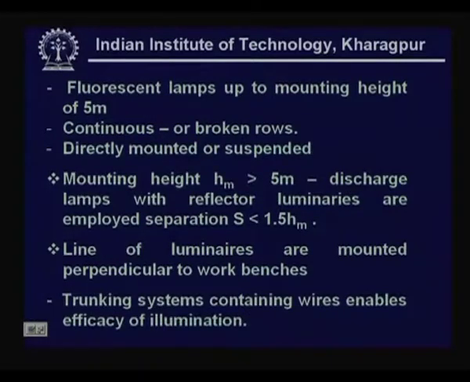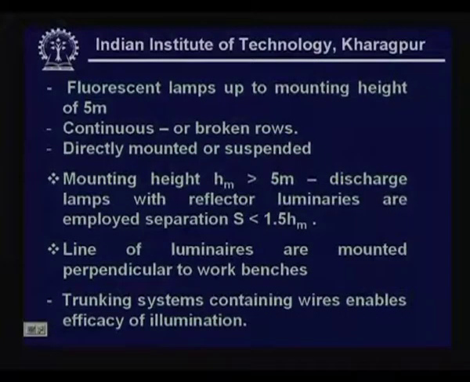And in order to have good illumination, it is necessary how the control is done. Control essentially means the way of operating these lamps. They are all electrical, they need to be connected by cables or wires and need to be switched on or switched off according to the requirements. So, there is a trunking system used which enables efficacy of illumination, and we hope that in the next half of the course, where we talk about the illumination utility principles, we would cover more on the way it is done.